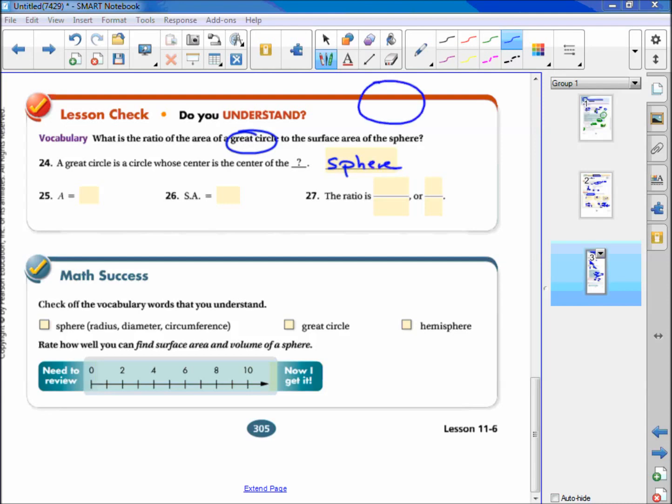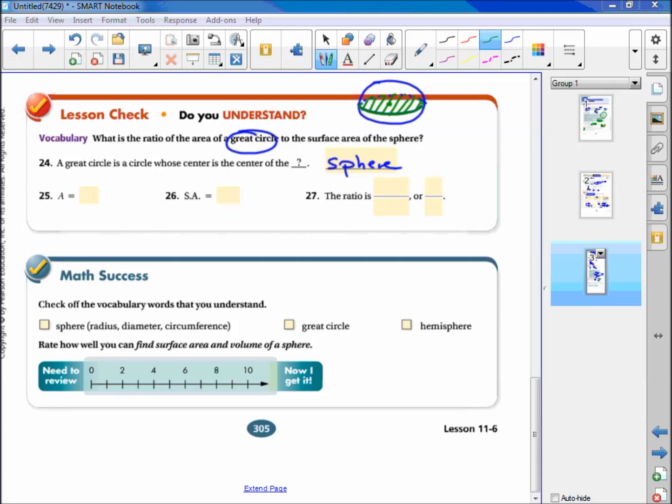So if you had a sphere, here's the center right here. We want one of the circles whose center is the center of the sphere. So we could just use this circle here. So we want to know the area of this circle compared to the surface area of the sphere.